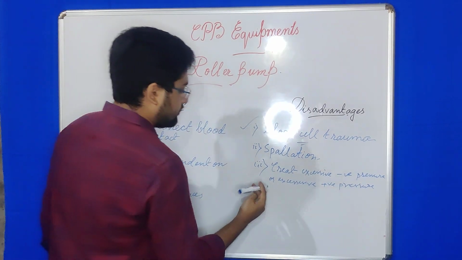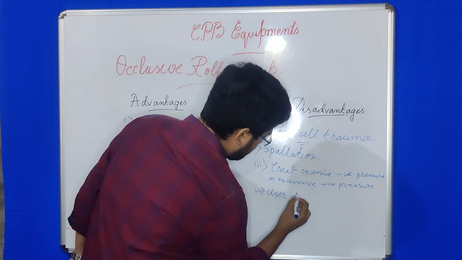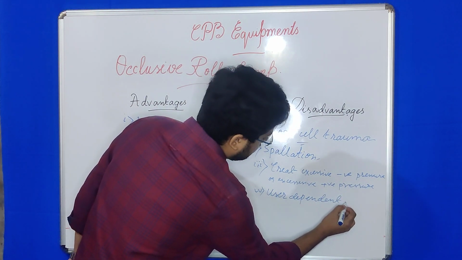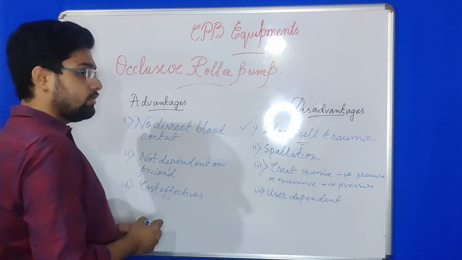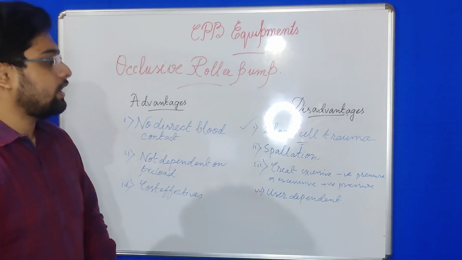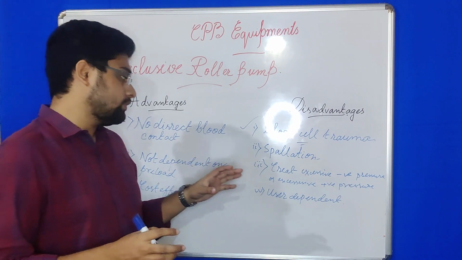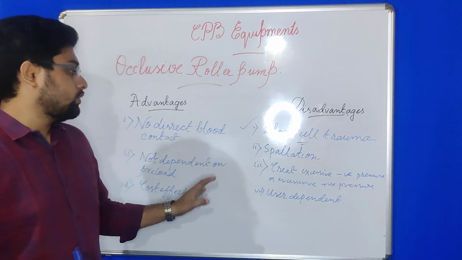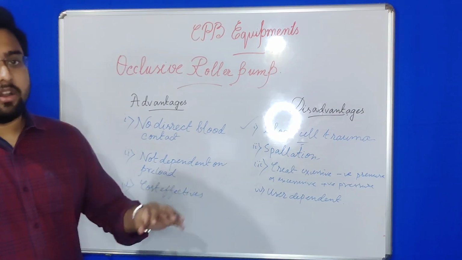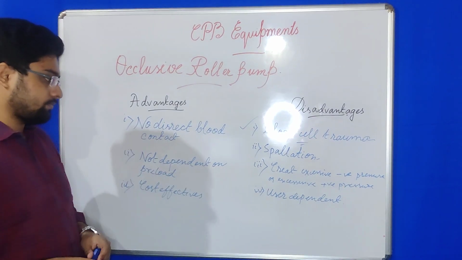And the last, it is user dependent. It is dependent on the user's efficiency. How? Because the occlusion, we have to set it manually. So it is dependent on the user's efficiency in setting the occlusion.